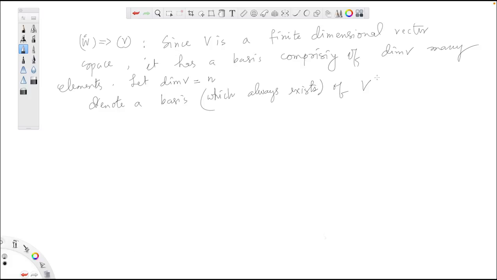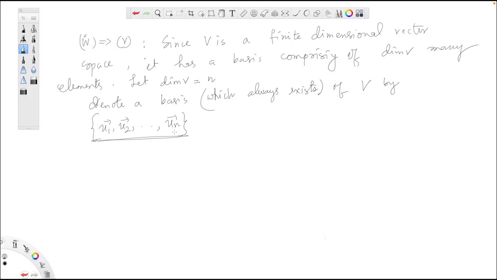So denote a basis of the finite dimensional vector space V by U1, U2, all the way up to UN. The only task here was to establish that such a basis exists.